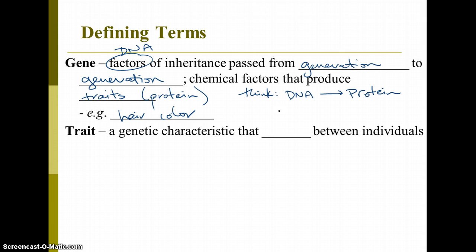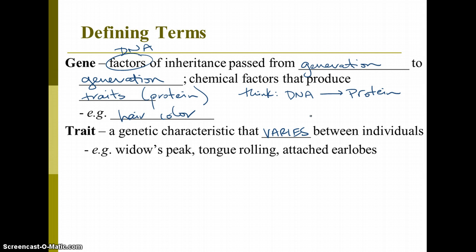The next word is trait. This is a genetic characteristic that varies between individuals. For example, widow's peak, being able to roll your tongue, or having attached or hanging earlobes. An allele is a different form, or different forms of a gene.